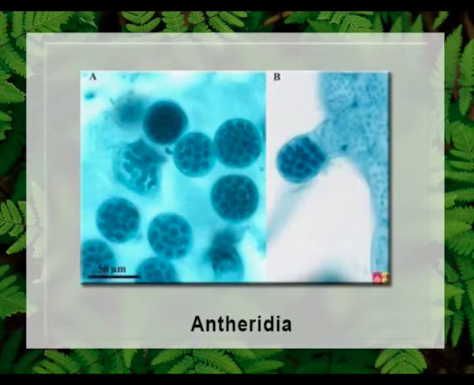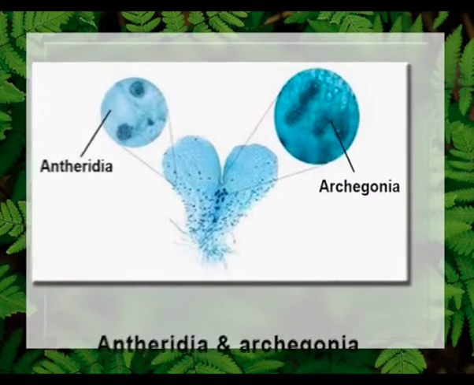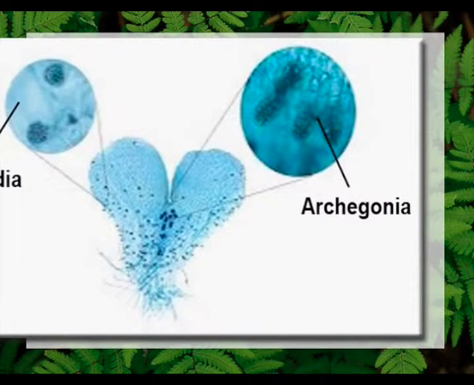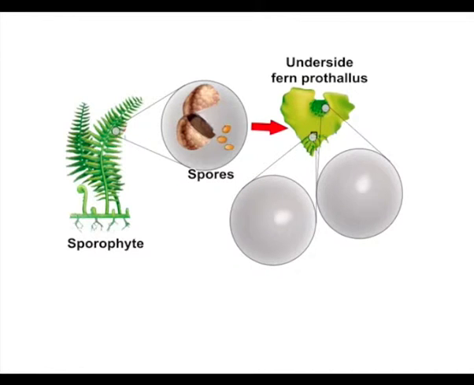Now, the male sex organs called antheridia produce sperms by the process of mitosis. The female sex organs called archegonia produce eggs by mitosis. Archegonia are multicellular with a sterile jacket but without a stalk.